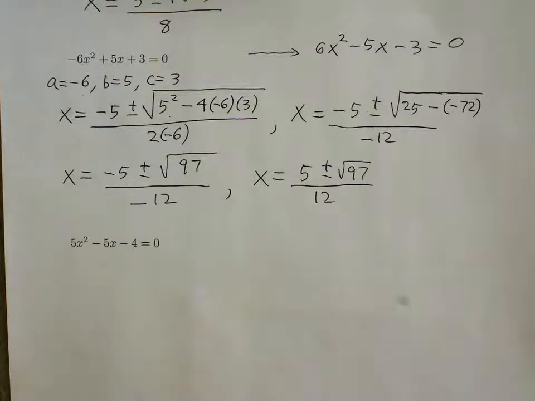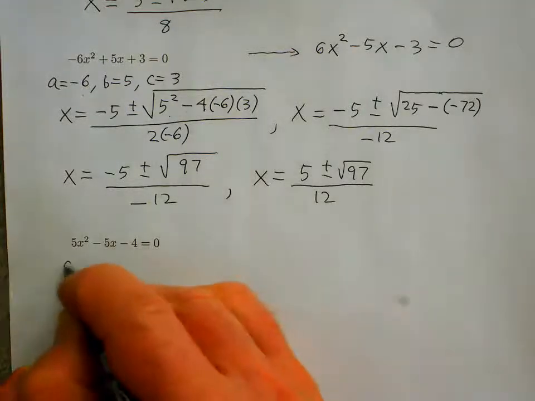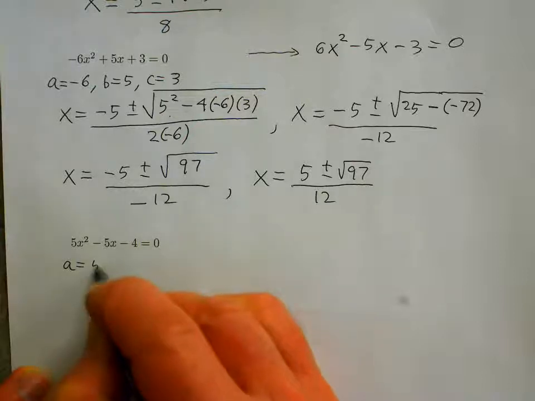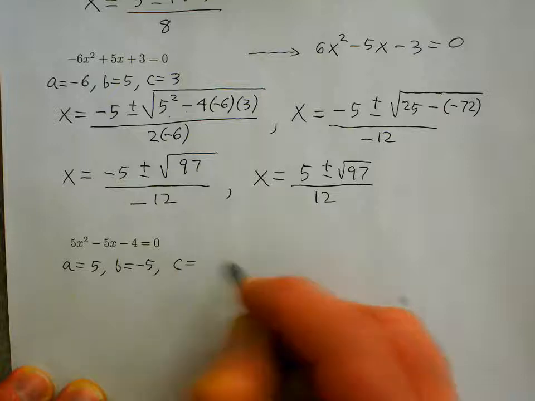Okay, another example. So there's no end to how much you can practice using the quadratic formula. So 5x squared minus 5x minus 4 equals 0. So a equals 5, b equals negative 5, c equals negative 4.